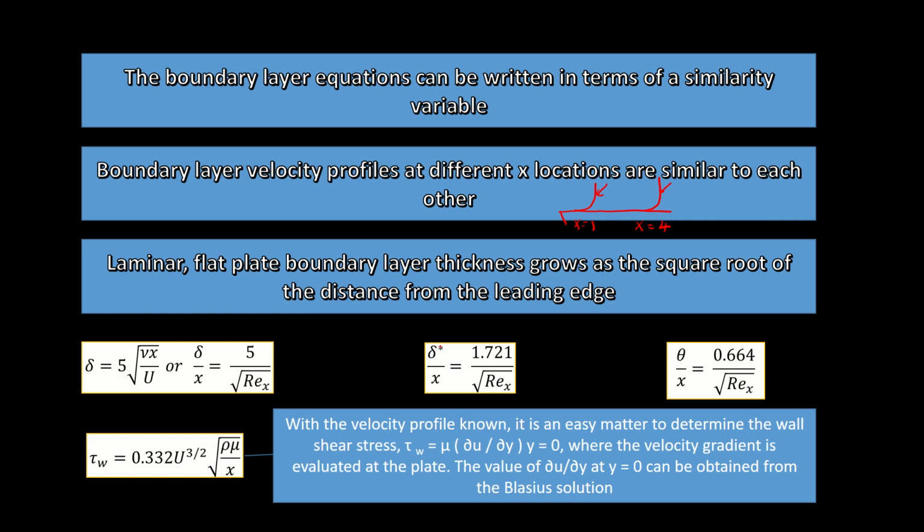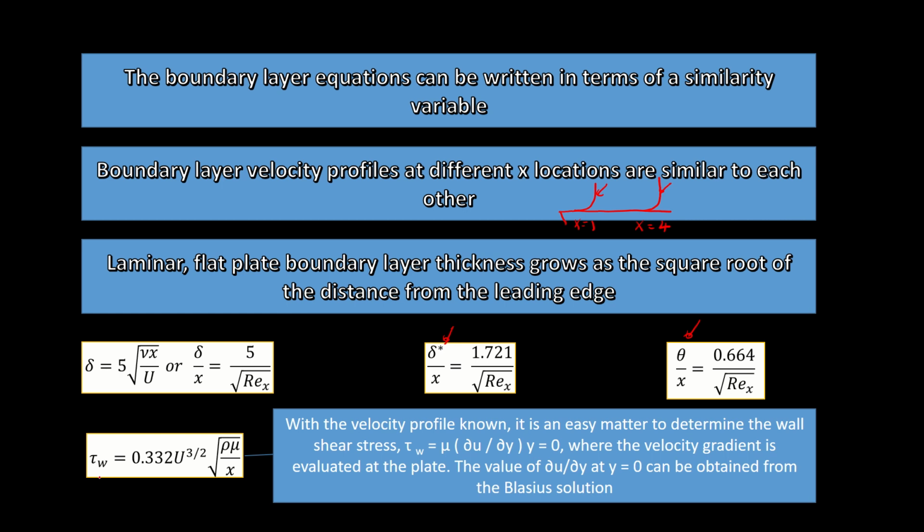The boundary layer displacement thickness, delta star, is 1.721 over the square root of Reynolds number x, and the momentum thickness is 0.664 over the square root of Reynolds number x. The wall shear stress is equal to 0.332 U to the power of 3 over 2 times the square root of rho mu over x.